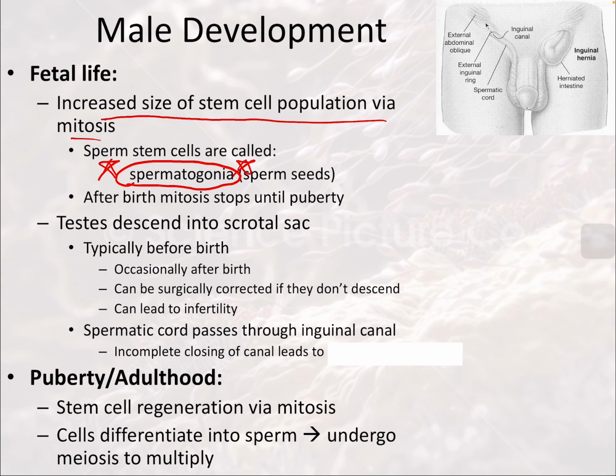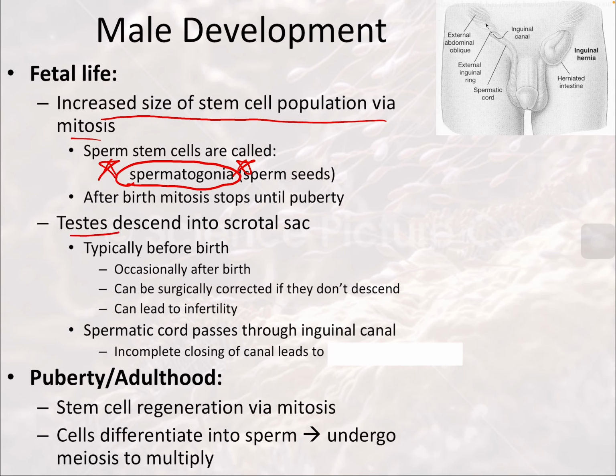Spermatogonia is the correct term. Okay, so then after birth, mitosis stops all the way up until puberty, and then mitosis begins again. Okay, so there's a period of time between birth and puberty where there's no mitosis happening in the spermatogonia, but after puberty begins, mitosis starts again, and that continues on through the male's life.